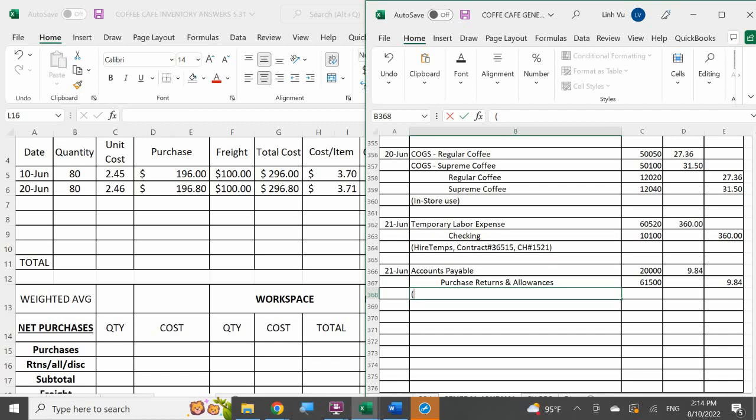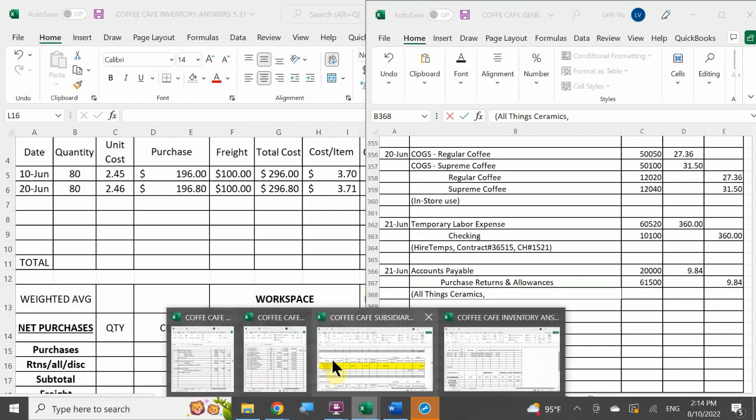Who am I returning it to? Oh, All Things Ceramic. Do we know exactly which invoice we're going to get reduced? Look at the one from before. I don't have it handy.